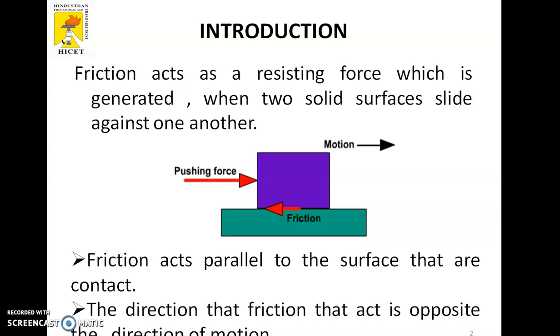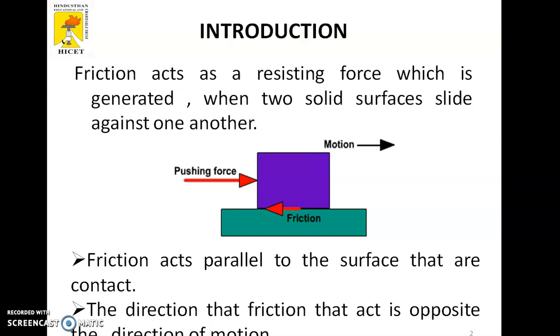slide against one another. In this diagram, here it is a horizontal rough surface, because the friction force is induced only on a rough surface. In this world, we are not making a 100% smooth surface.